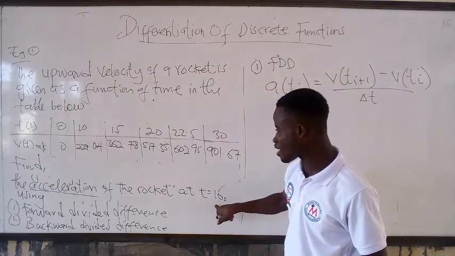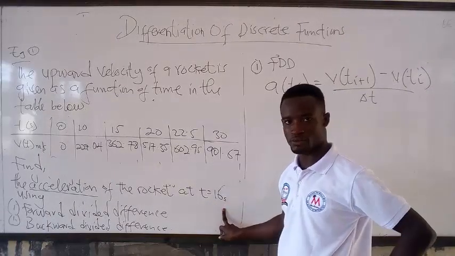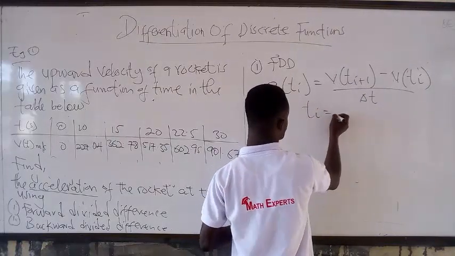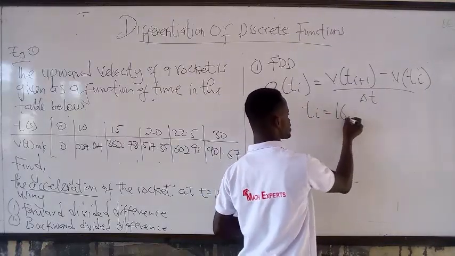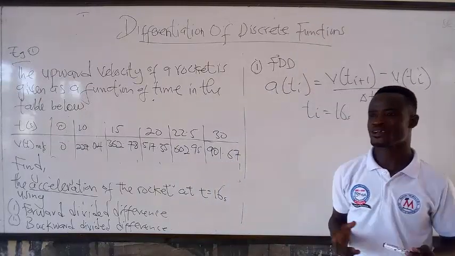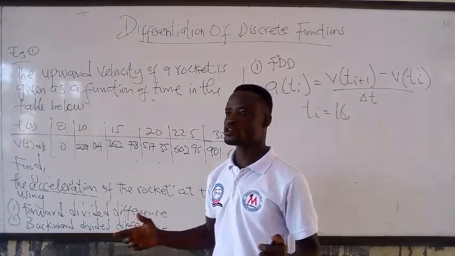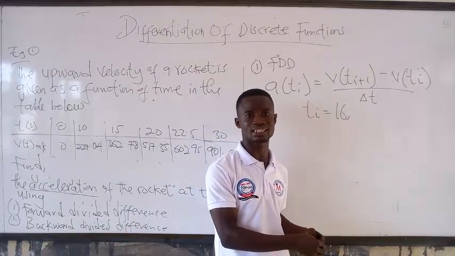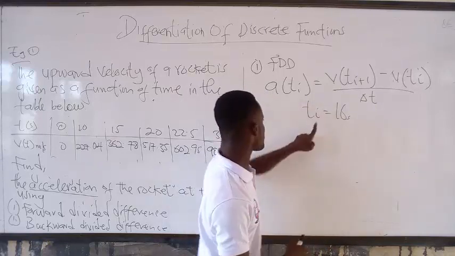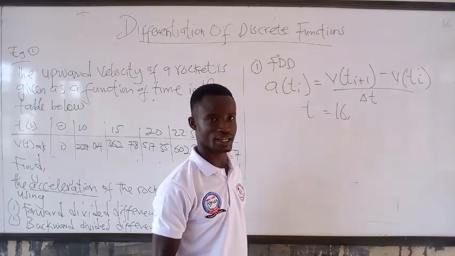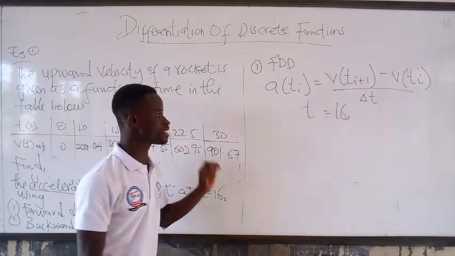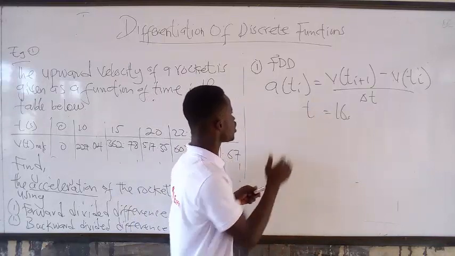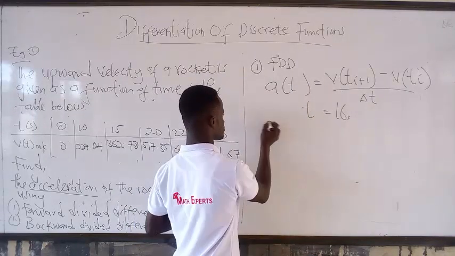The time we have in the question is 16 seconds. But in this case we don't have the function to do the substitution. Oh, sorry, it's not the t i. The t is equal to 16 seconds. That's what is given to us.